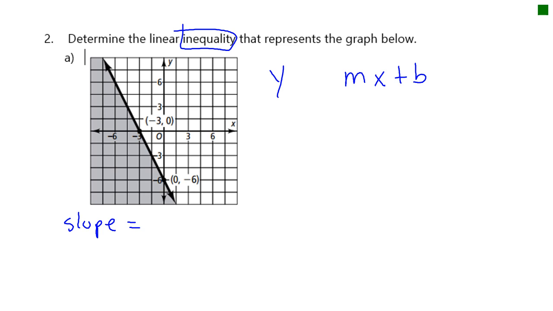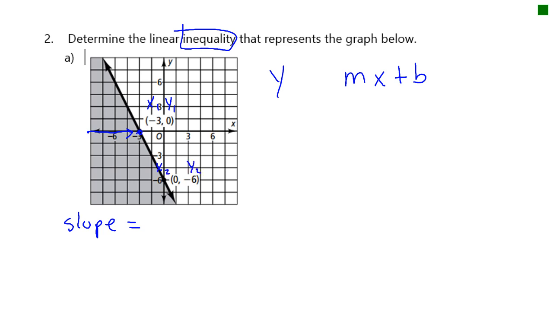So slope is y2 minus y1 over x2 minus x1. Again, you start with the left side of the graph. Starting from here, if I go this way, which point am I going to touch first? This one. That means this is x1, y1, and this is x2, y2.